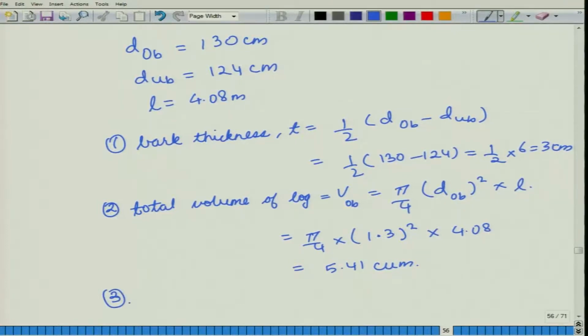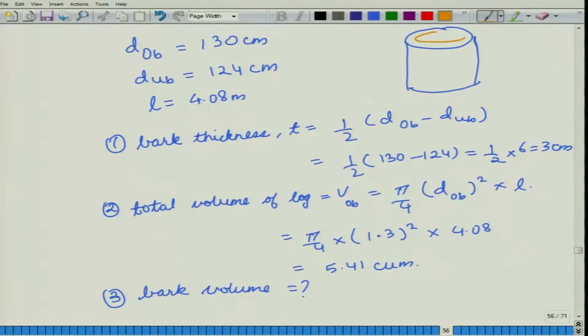Now, if you wanted to calculate the bark volume, say this is your total volume and this is your under bark volume, you can calculate the bark volume as the volume over bark minus the volume under bark.